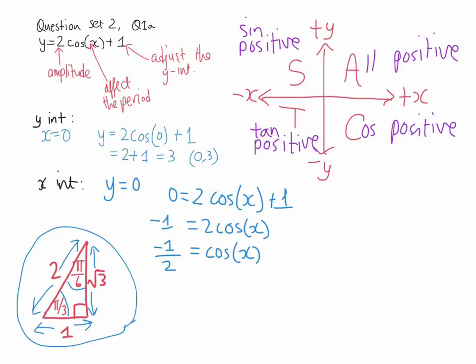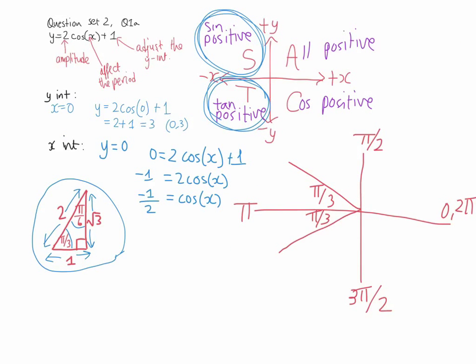So then you have to go over here to your 4 quadrants and look at the ones where cos is going to be negative, because it's equal to negative a half here. So cos will be negative in this quadrant here, where only sine is positive, and this quadrant here, where only tan is positive.